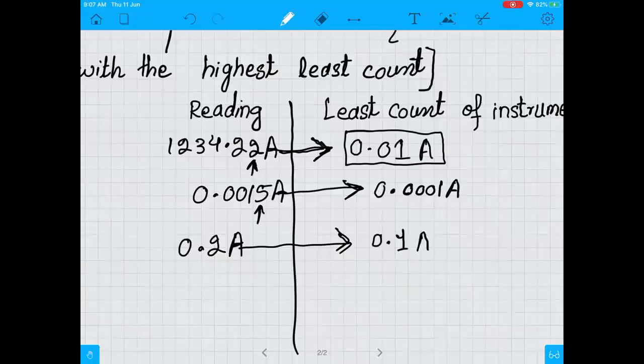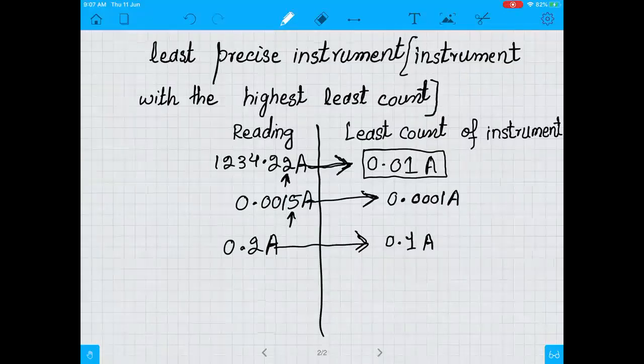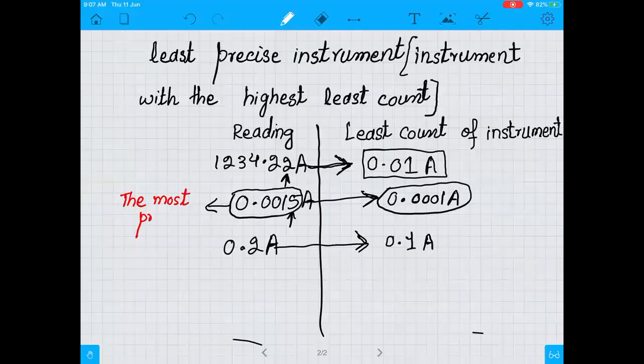Now, out of all these currents, which current is the most precise and which is the least precise? The most precise one is this one, 0.0015 ampere, because it has been taken from an instrument with the smallest least count. This reading is the most precise reading.